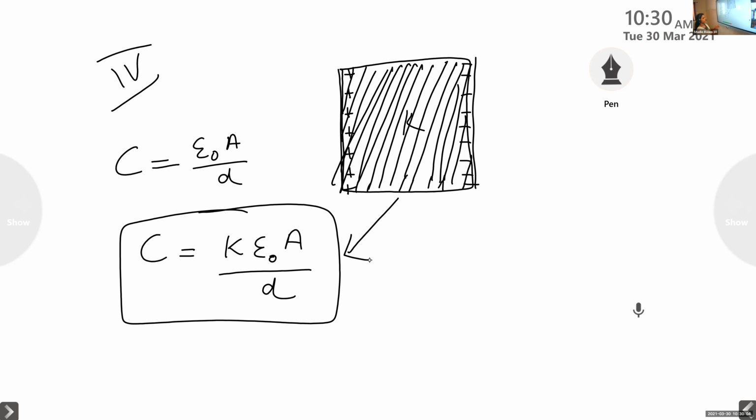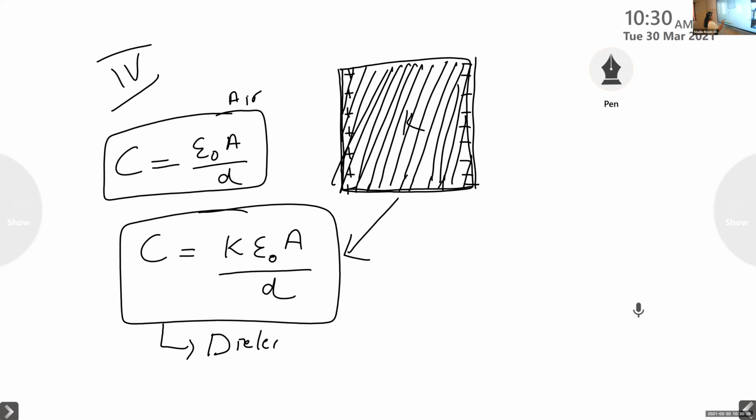So here the medium is completely dielectric in nature. Then the equation for capacitance is given by C is equal to K into epsilon 0 A divided by D. You just compare it with the first case. In the first case, the medium of separation between them is air.